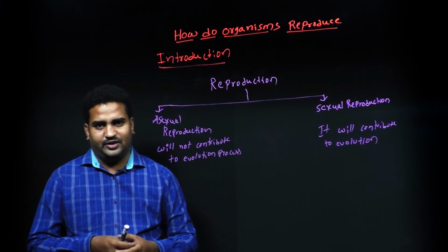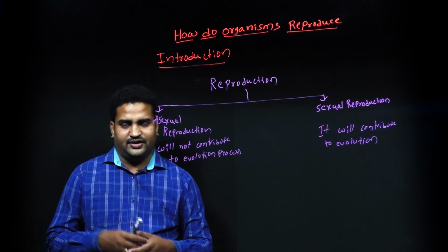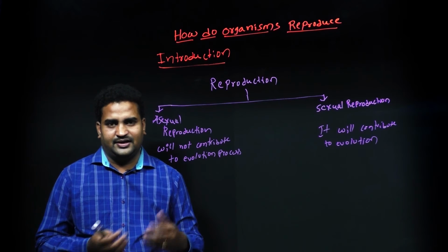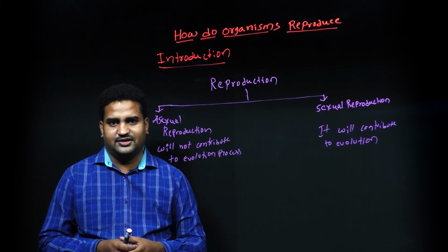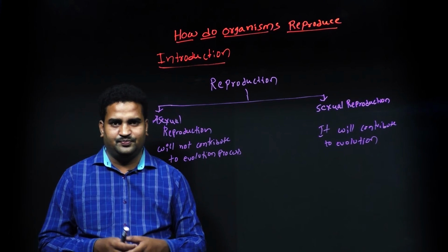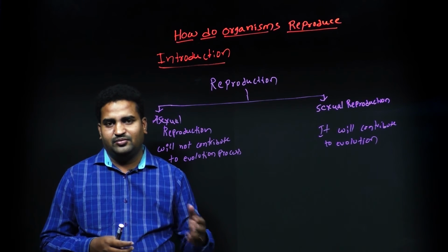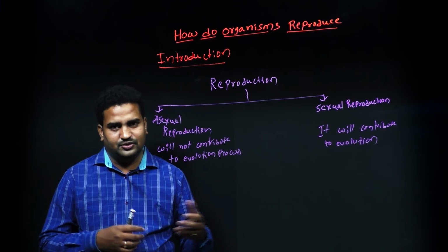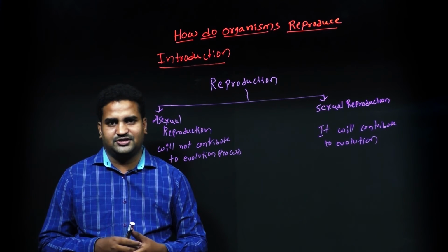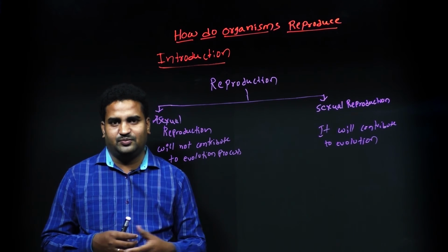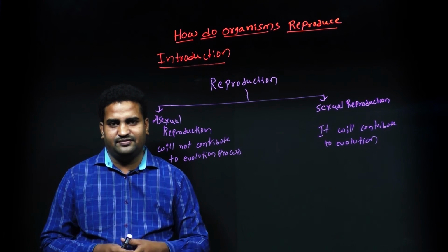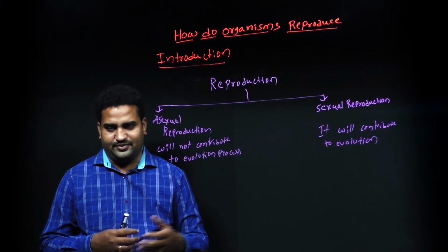So generally reproduction is of two kinds. One is asexual reproduction, another one is sexual reproduction. In asexual reproduction, a single parent is used. In sexual reproduction, male and female parents are used. In asexual reproduction, there is no production of gametes, but in sexual reproduction, there is production of male and female gametes.